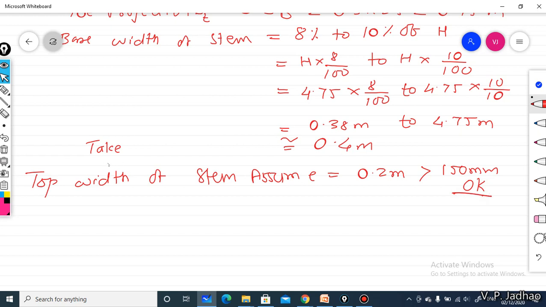Now the width of heel projection is required to be calculated. We have calculated the width of toe projection, but the width of heel projection is not yet calculated.